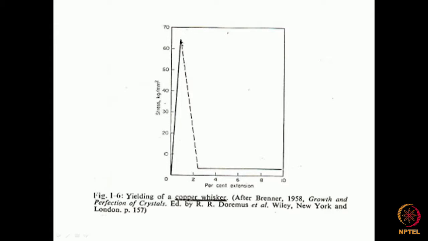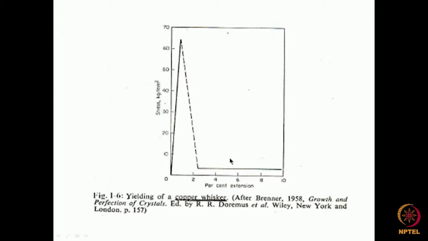You can see that from here, when it reaches a very high value, a dislocation is generated in the sample. When the dislocation is generated, the load or the stress comes down drastically. Now for plastic deformation to occur, we require very little stress, correct?